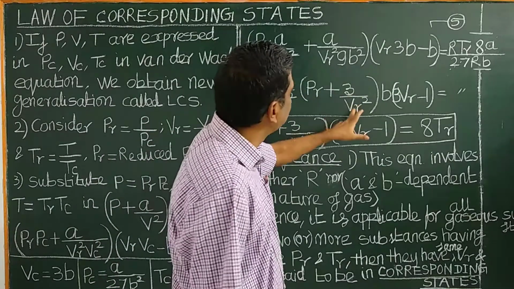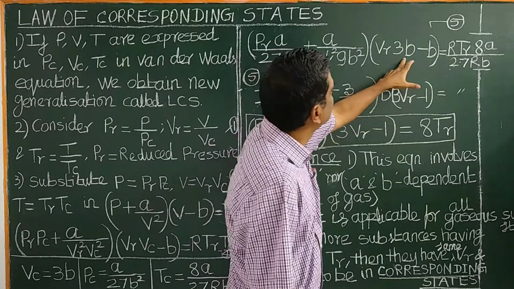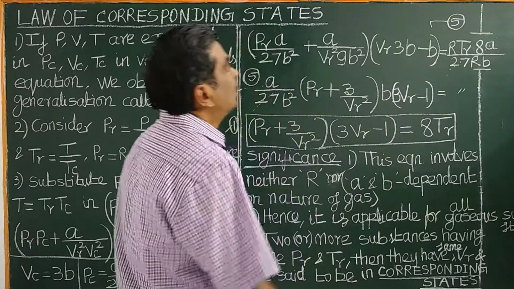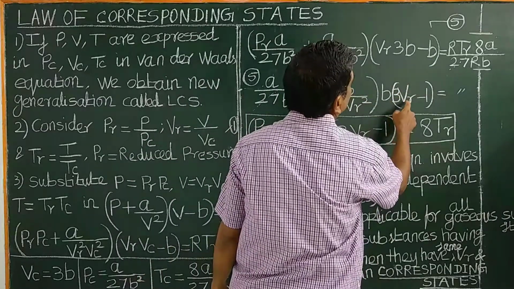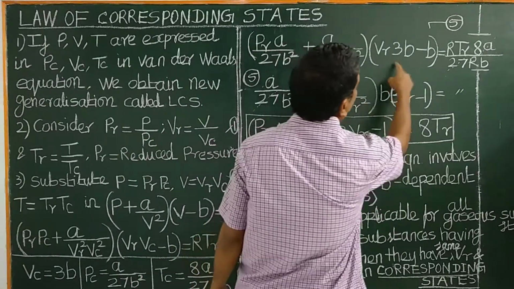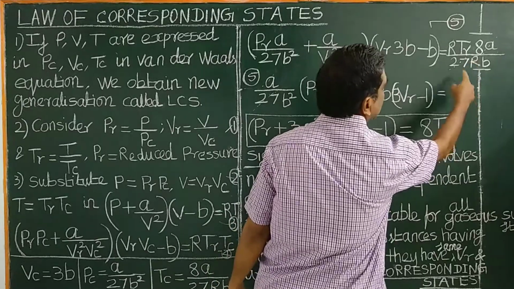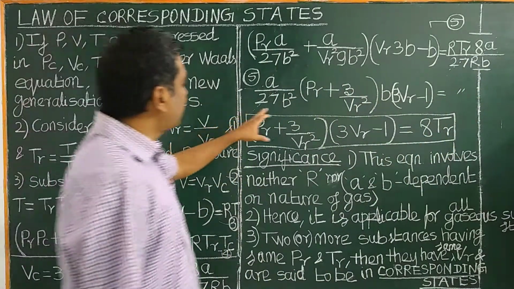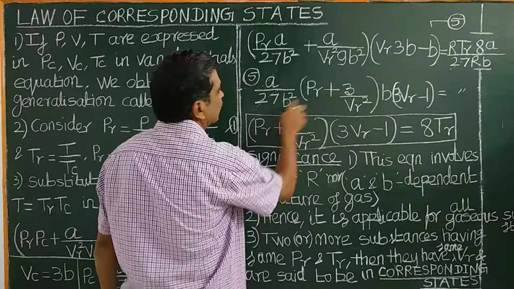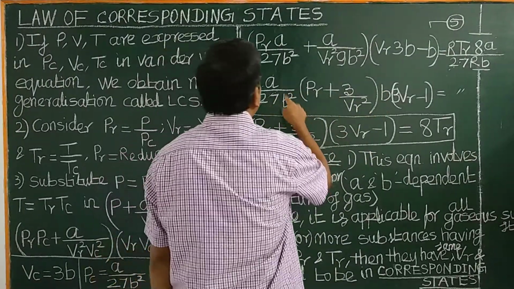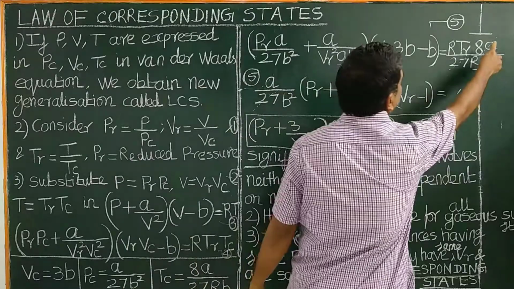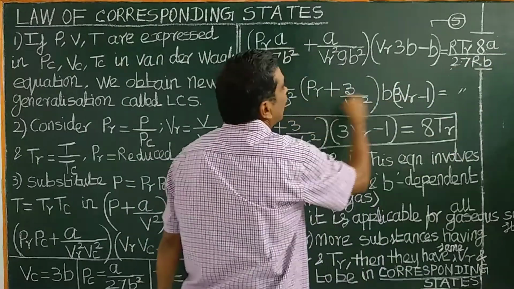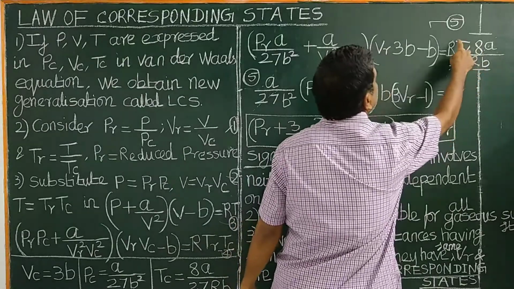Pr plus 3 by Vr square into, let us take b out because b is common to both the terms. Therefore, b is taken out. 3Vr minus 1 equal to 8Tr. Okay. Now let us cancel. For example, b cancels. Similarly, a is there on this side, a can cancel, 27 is cancelled, and R cancels.